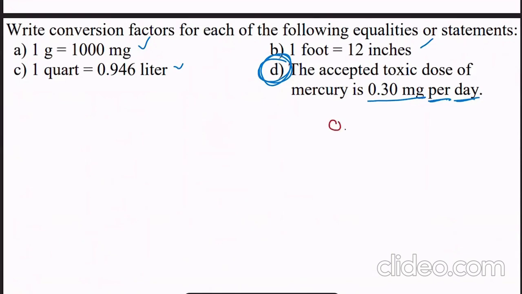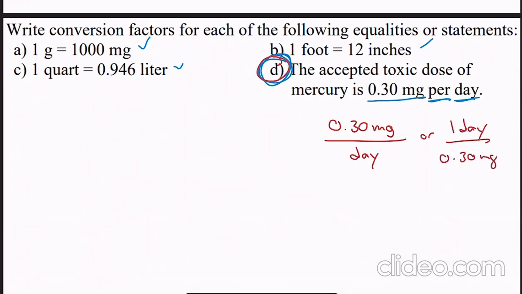So 0.30 milligrams per day, right? So even this is considered a definition, and we can get conversion factors. Or we can write it as 1 day over 0.30 milligrams.